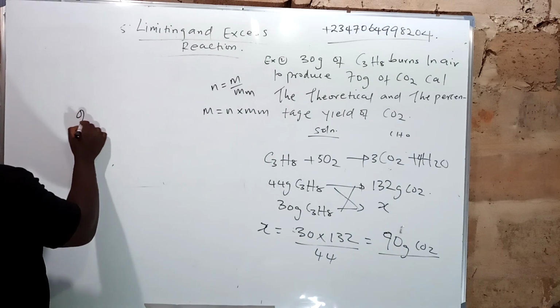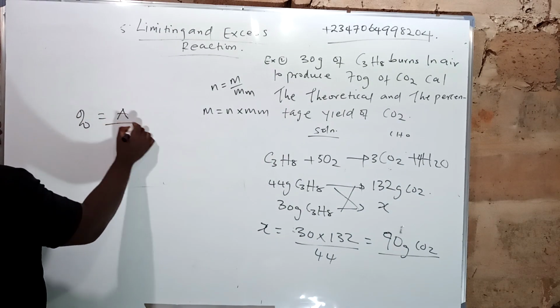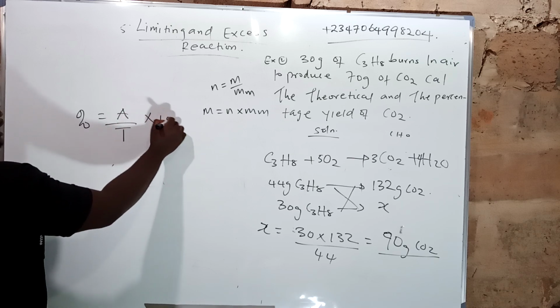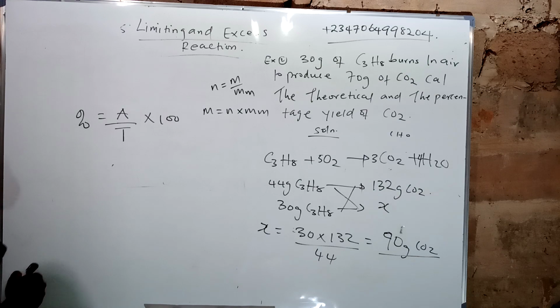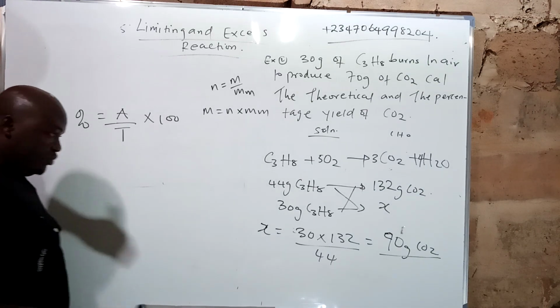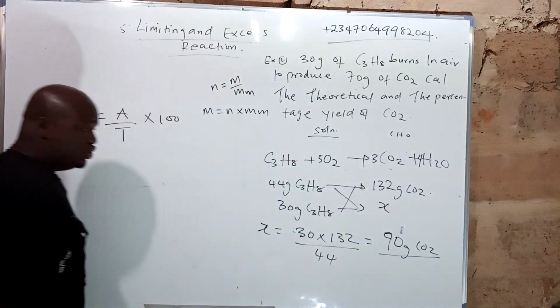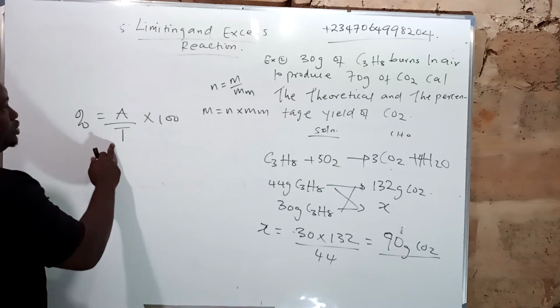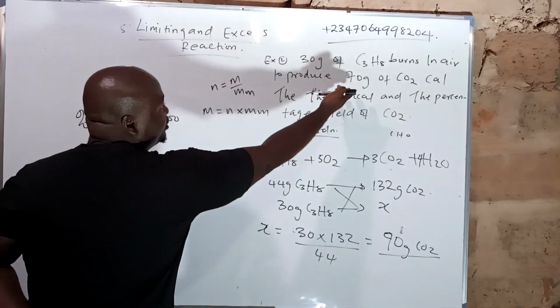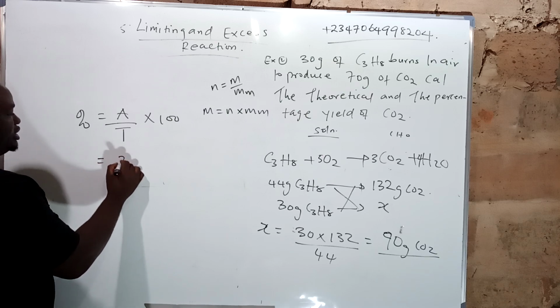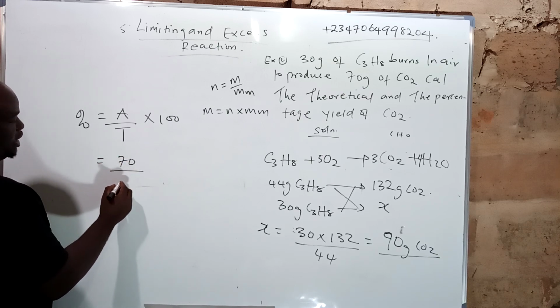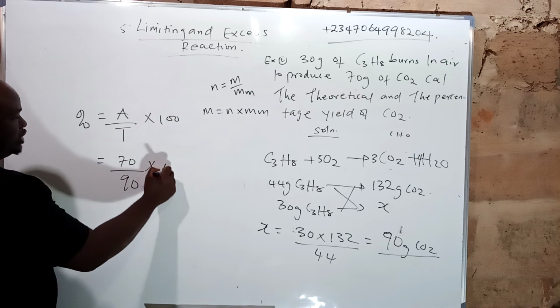Now remember that percentage yield is actual yield over theoretical yield times 100, right? We just calculated the theoretical yield. And I told you that they will always give you the actual yield in your question. And so the actual yield there is 70 divided by 90 times 100.